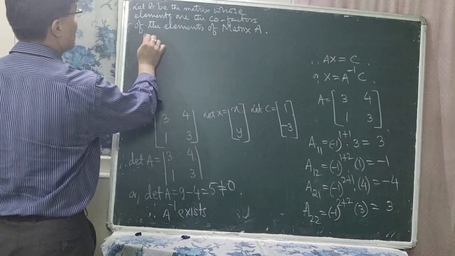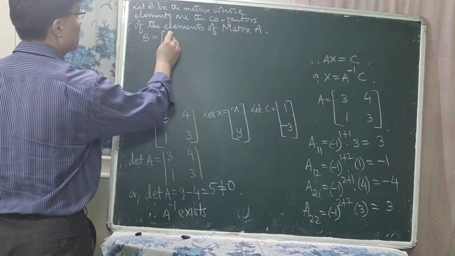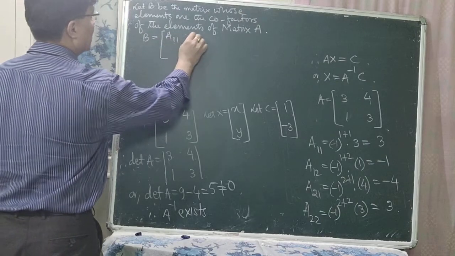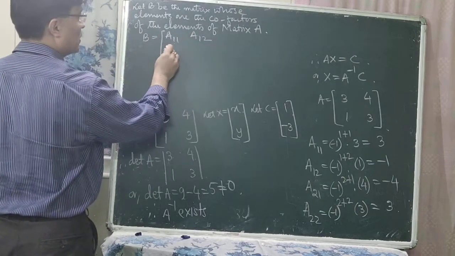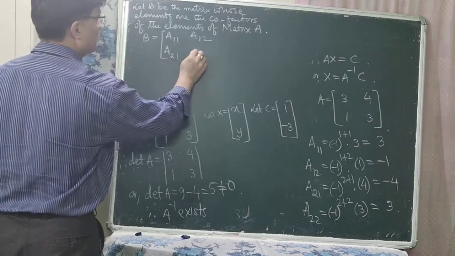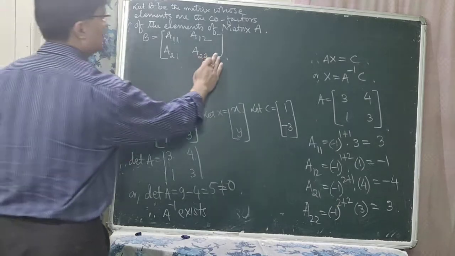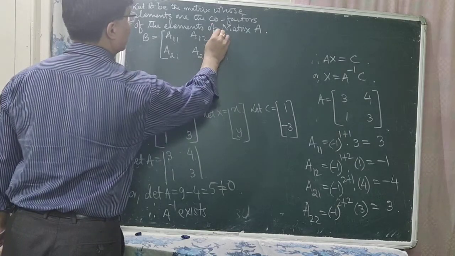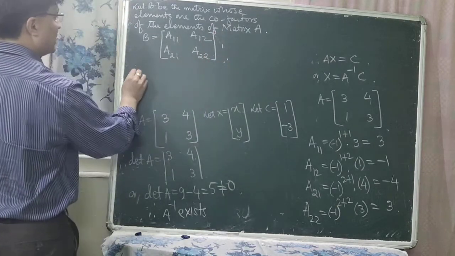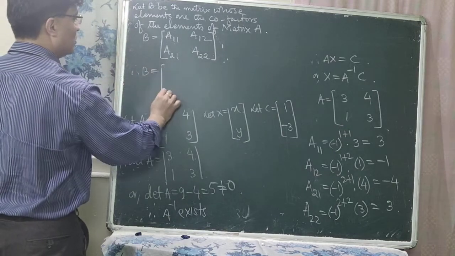So now, what is capital B out here? You should write it as cofactors A11, A12. Then comes A21, A22. Right? This is the B matrix.